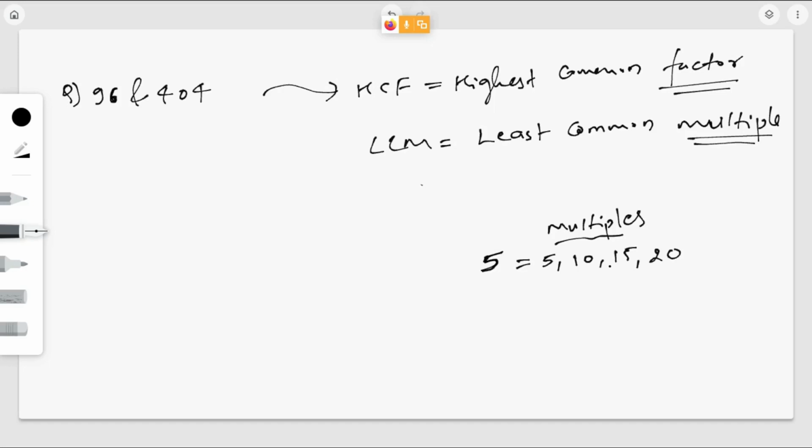Sir, infinite. Infinite, okay. All the numbers will have infinite multiples, because there are infinite natural numbers, right? So if it is a product of a natural number, then the multiples are also infinite. For example, 8. So what are the multiples of 8, Samruddhi?